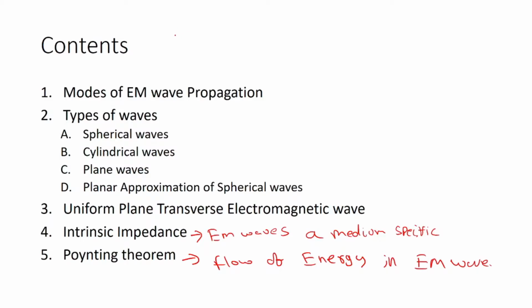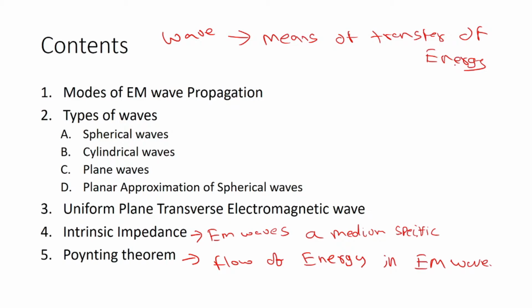It is better to recollect that waves by nature are means of transfer of energy. Now, how does this transfer take place in case of electromagnetic waves is discussed by Poynting theorem.